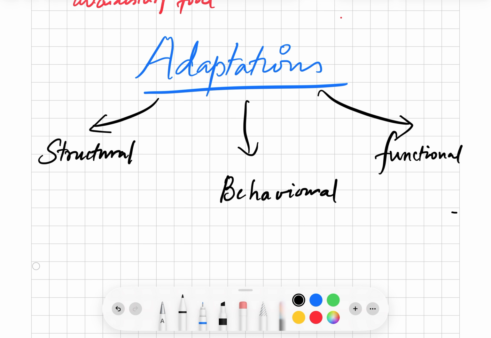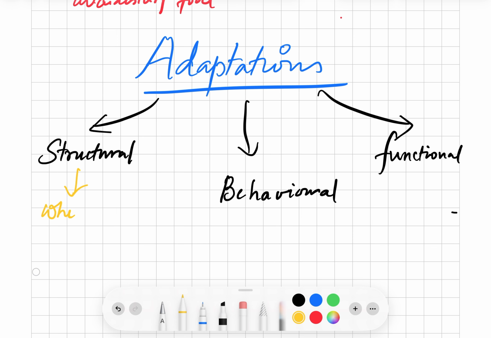Okay, so when we talk about structural adaptations, we mean, for example, think of the beaks of a bird. The structure of the beak is different for each bird depending on what it prefers to eat, and it's adapted in a way so it can actually eat the things that it wants to. It could also be the fur.